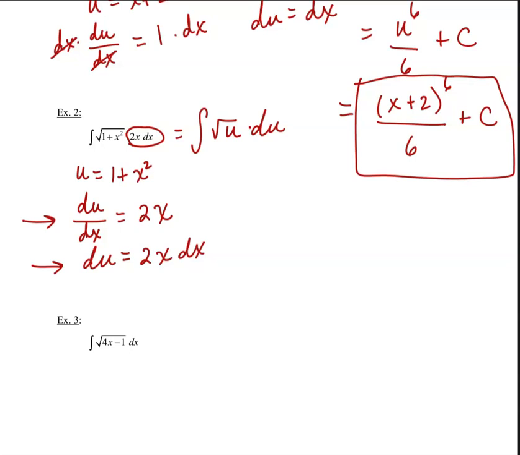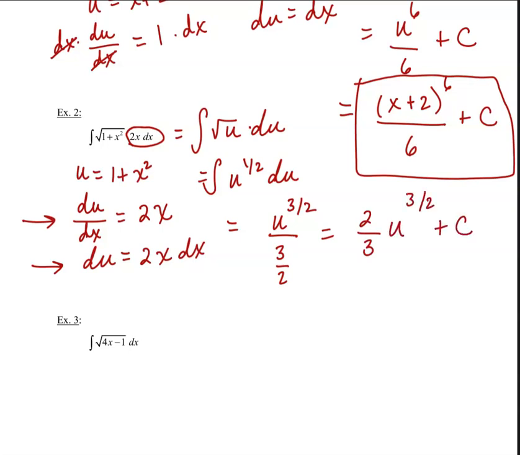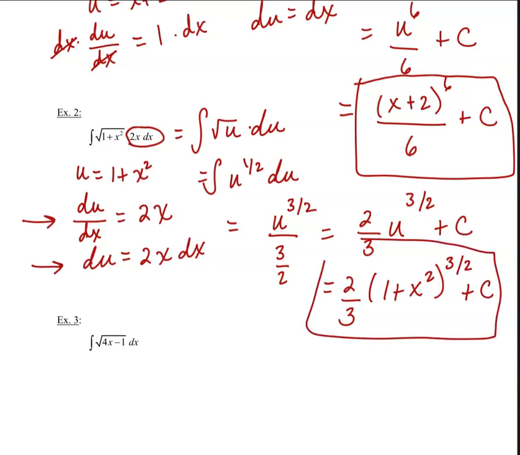The integral of u to the 1/2 du becomes u to the 3/2 over 3/2, which becomes 2/3 u to the 3/2 plus c. Then last, make sure you go back and replace u with 1 plus x squared, because we want our answer to be in terms of x, not in terms of u. And there's my antiderivative for that one.